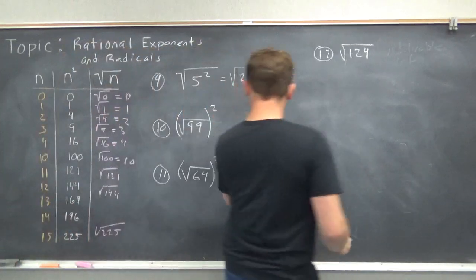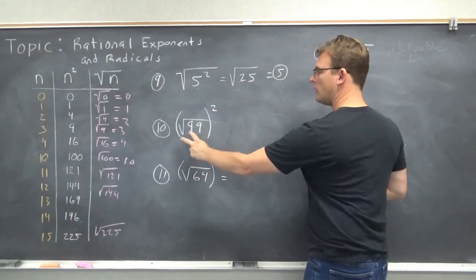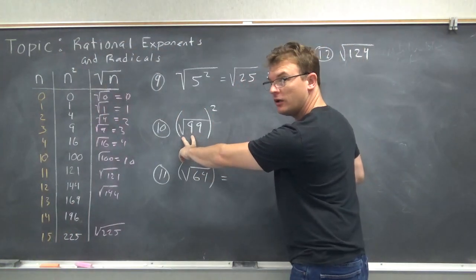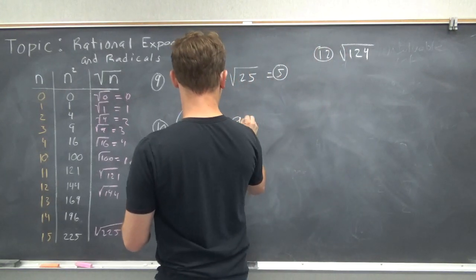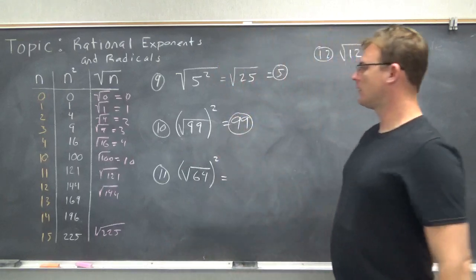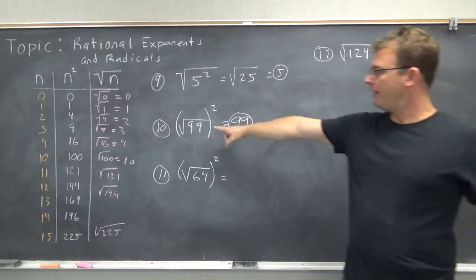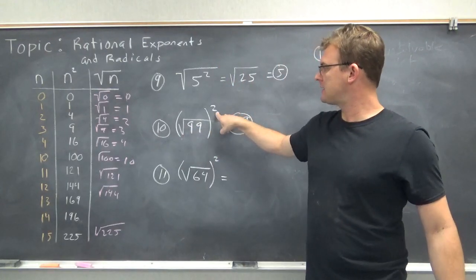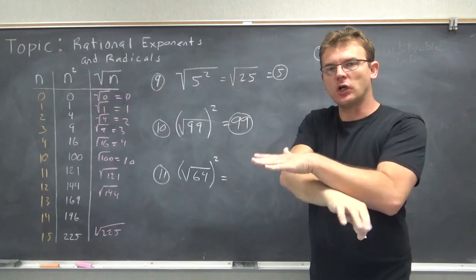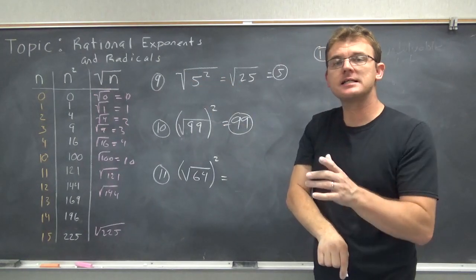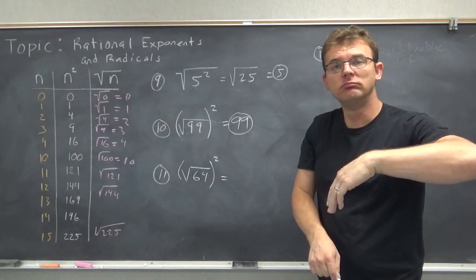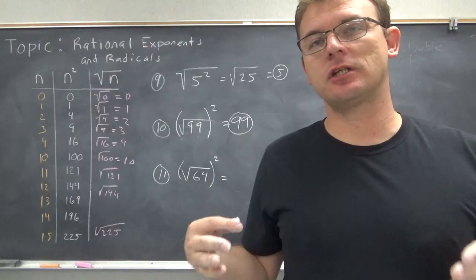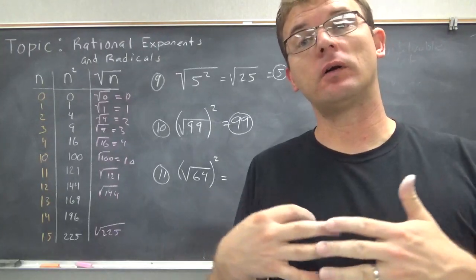Okay. So what's the square root of 99 squared? 99. This square root and this square cancel because they're just forwards and backwards. They're canceling each other out.